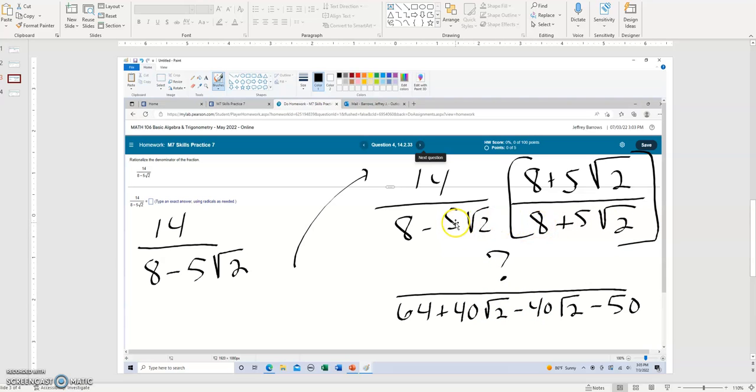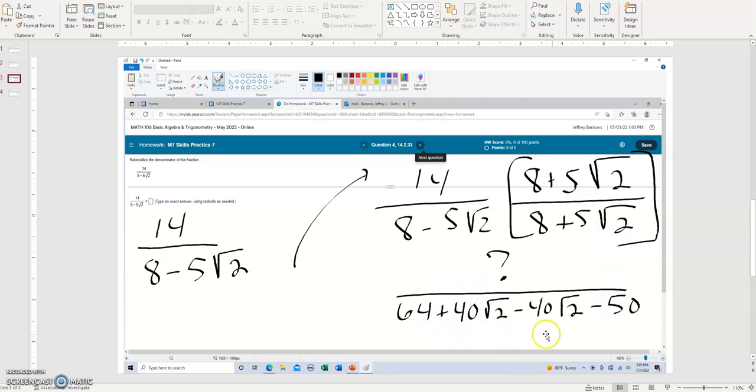And then 8 times minus 5 times the square root of 2 is minus 40 times the square root of 2. And then when I multiply minus 5 times the square root of 2 times positive 5 times the square root of 2, I get minus 5 times 5, which is negative 25, and then the square root of 2 times the square root of 2 is just 2. So effectively I get minus 25 times 2, which is minus 50.